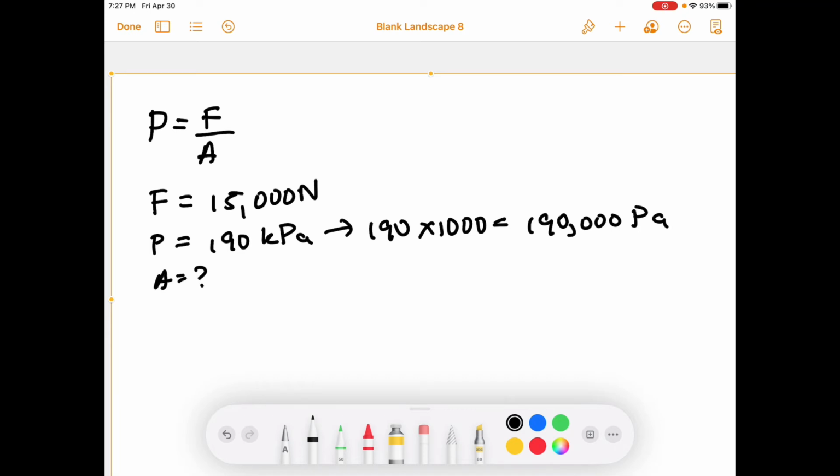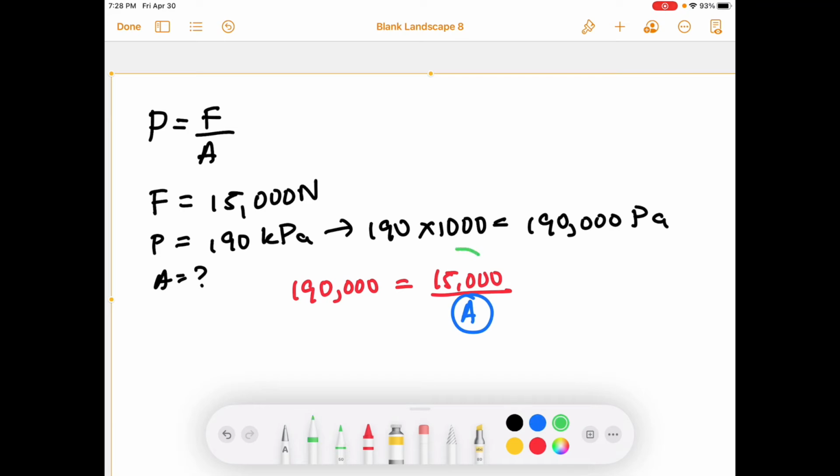Now, this problem is going to require an additional step to what we did in the previous problems. So let's plug it in. So we have 190,000 for our pressure. We know that our force is 15,000 newtons, and then we do not know our area. So in order to get A by itself, we have to do a couple moves. We want to get A by itself to figure out what A equals.